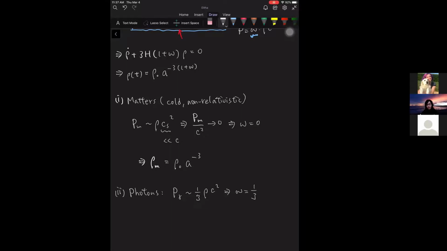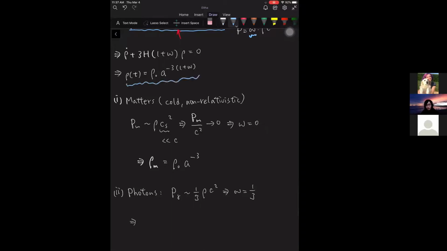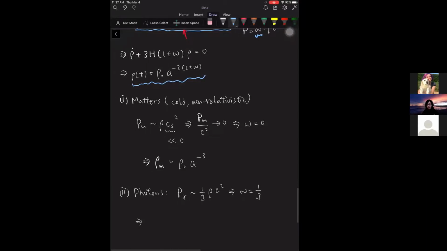And then by plugging this into this form of the density, we will get the radiation term. The radiation density should be proportional to a to the minus 4, right?